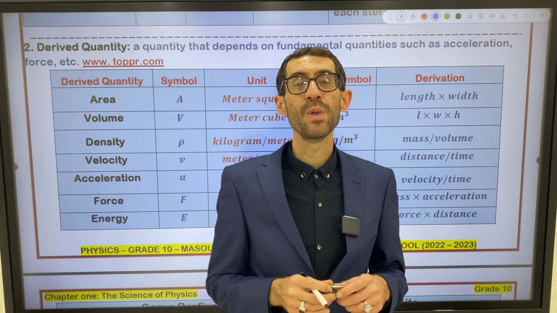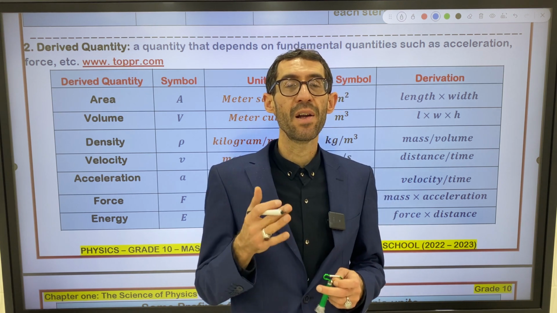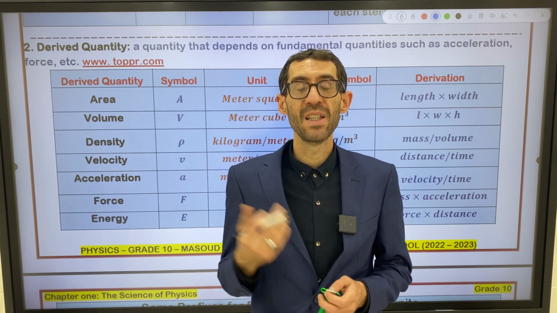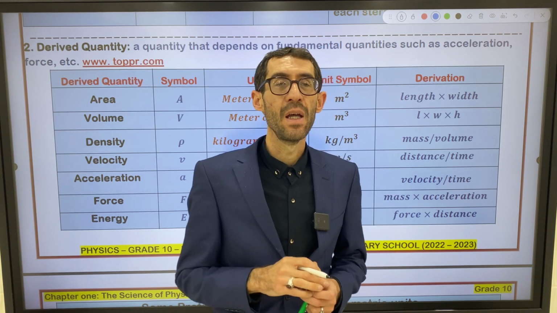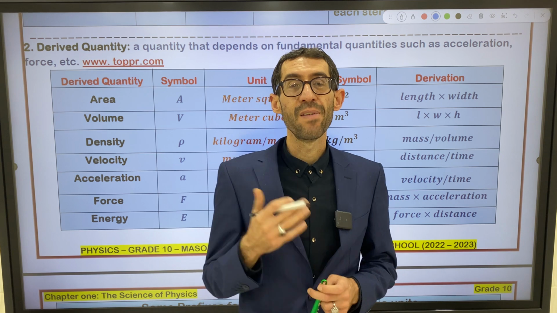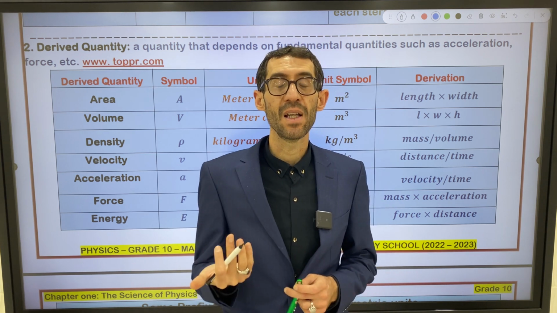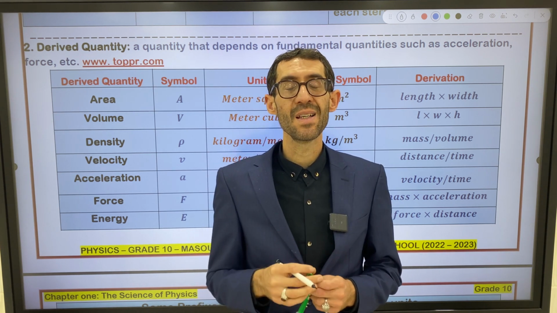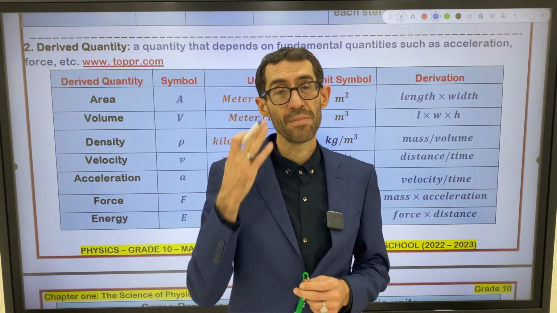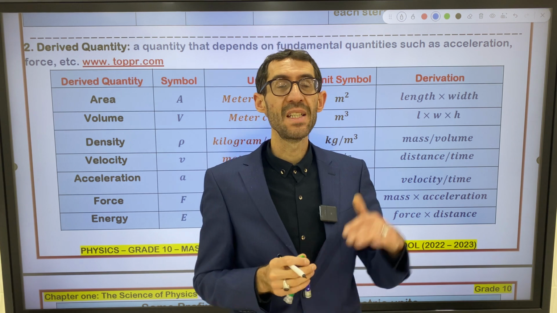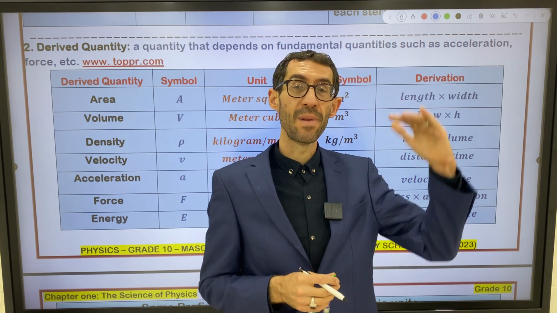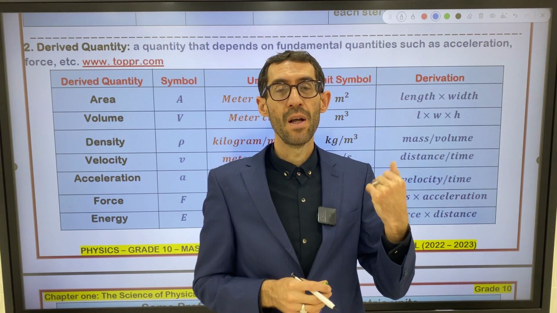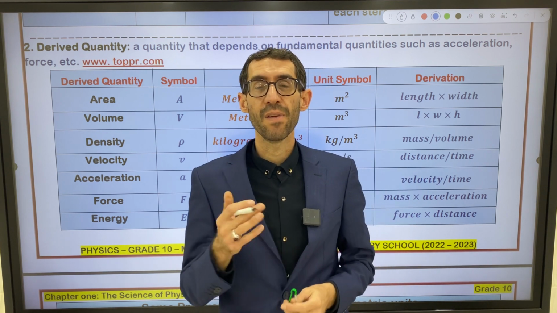Why do we say derived quantities? Because they are derived from fundamental quantities. For example, think about velocity. Velocity is not fundamental, it is a derived quantity. Why? Because velocity is derived from distance over time, from length over time. That's why it's not fundamental.